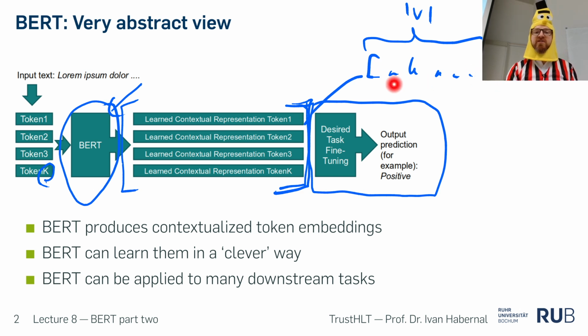This is just a linear projection of these embeddings to the size of the vocabulary, which is like 100K. We run softmax on that, and we get a probability distribution over tokens in the vocabulary. Does that make sense? Okay.